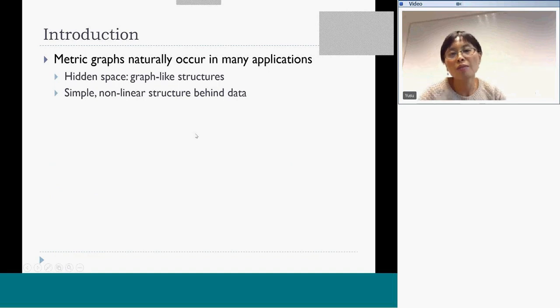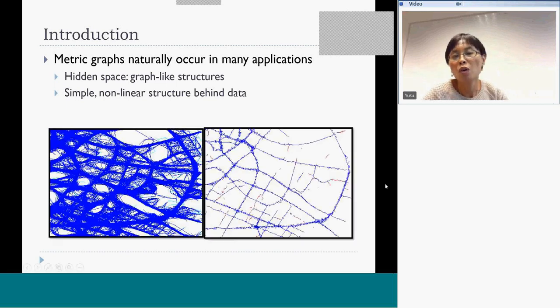Metric graphs usually occur in many applications in science and engineering. For example, very often the data are sampled from a hidden space, which is a metric graph or a metric graph-like structure. Like in this case, we have GPS positions from a hidden domain, which is the road network, which can be considered as a metric graph.